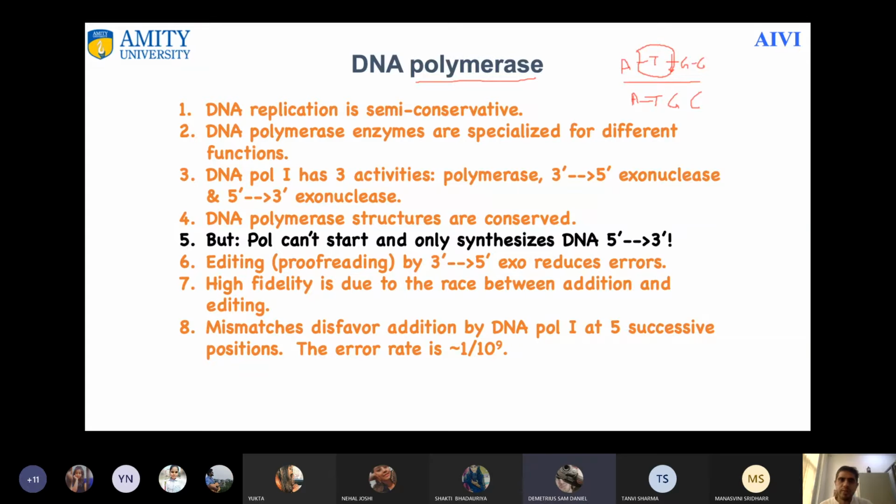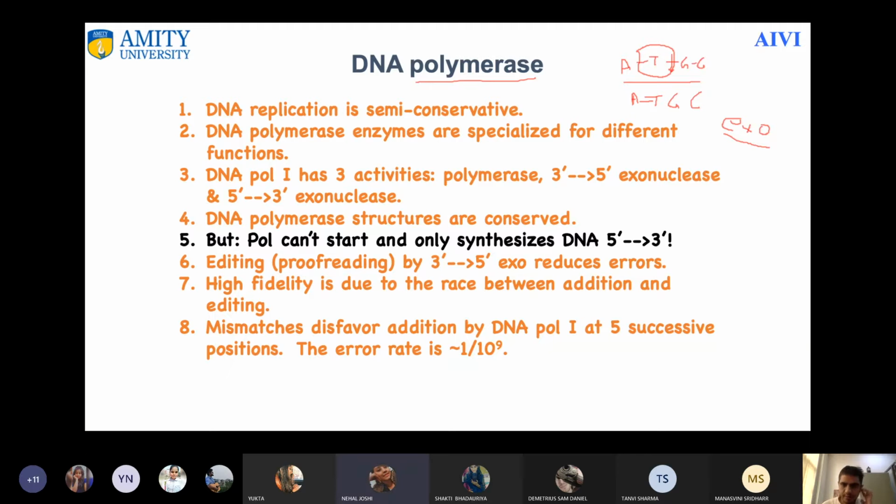Now here we are talking about the polymerase, whose role is adding nucleotides. But one more property these polymerases have is the nuclease activity. And nuclease activity has two types: the exonuclease activity and the endonuclease activity. So what is the difference between exo and endonuclease activity?